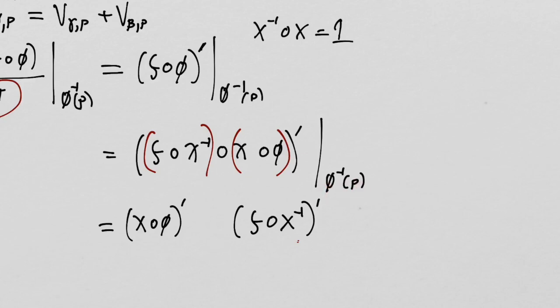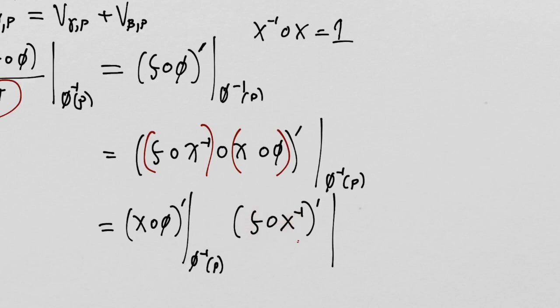So how does that apply to these functions? Because the domains are not quite right. Well, this one's fine, right? This one will be evaluated at phi inverse of p. This guy is a little bit trickier, because you have to look at this function, right? X inverse takes a point in Rn and gives you a point in the manifold, and f takes a point in the manifold and gives you a real number.